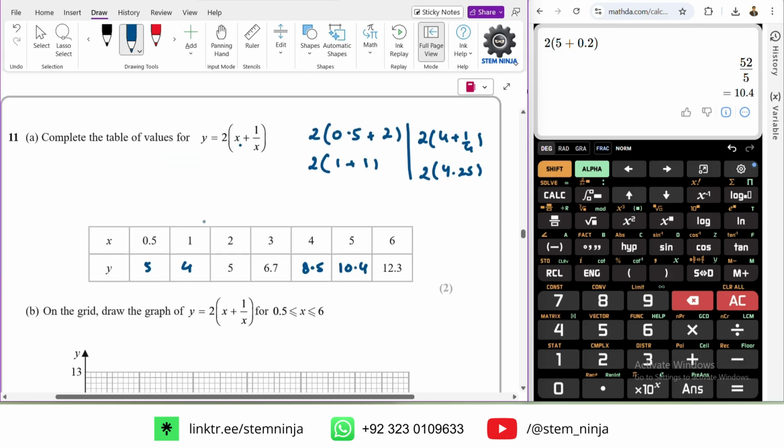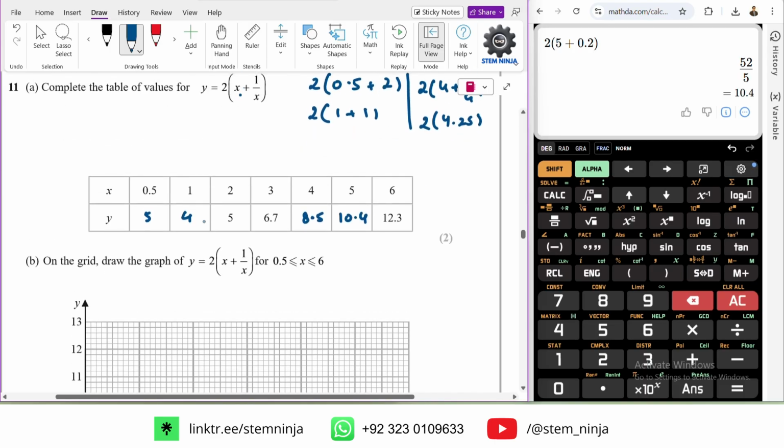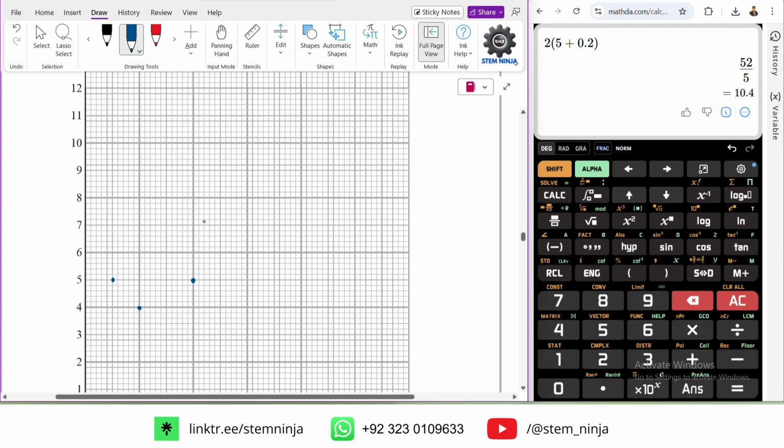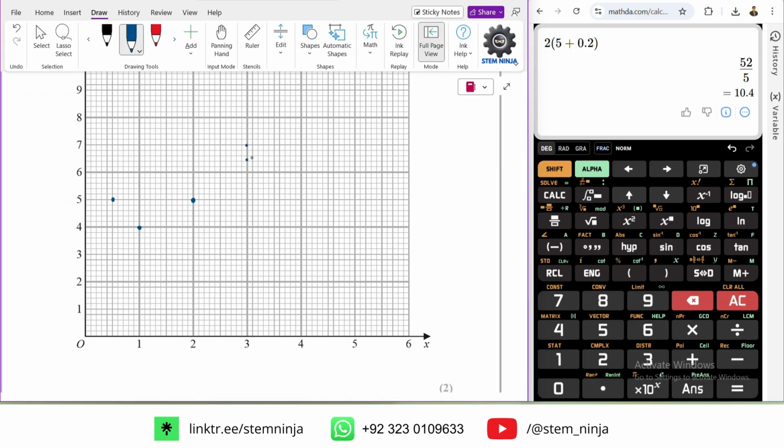And then 3, 6.7. If this is 7, this is 6.5, so 6.7 would be somewhere over here.